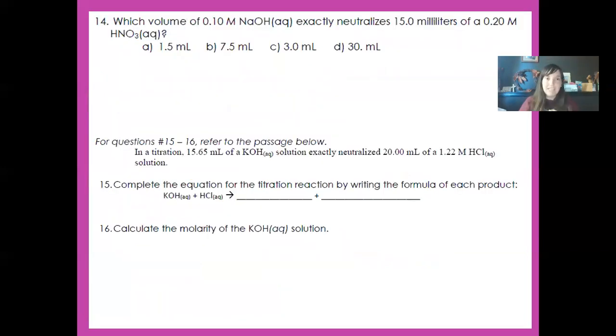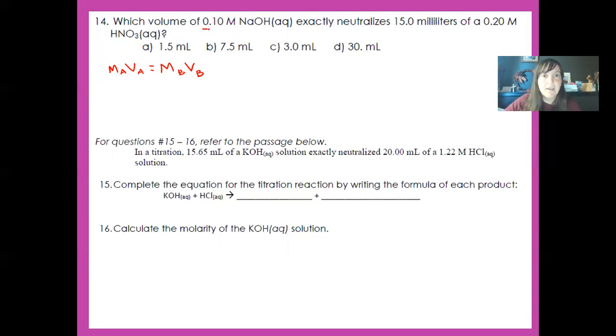Okay, number 14. Which volume of 0.1 molar sodium hydroxide, aqueous, exactly neutralizes 15 milliliters of a 0.2 molar nitric acid solution? Okay, we've got another titration problem. So I'll use the same equation here. MA VA equals MB VB. And let's see if we can identify all the variables.